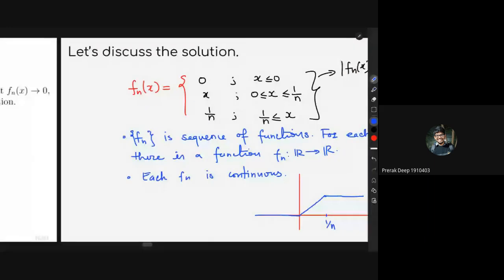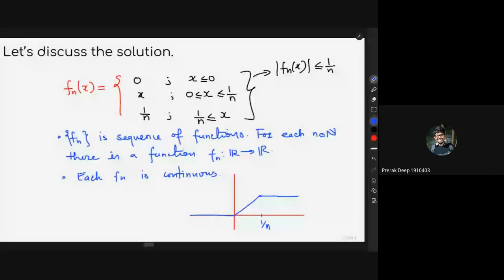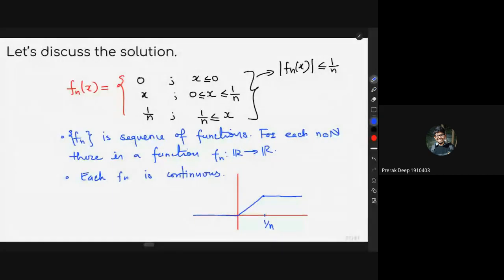Okay, so what was the question again? Yeah, but in this case, I've started with the wrong example, I think.